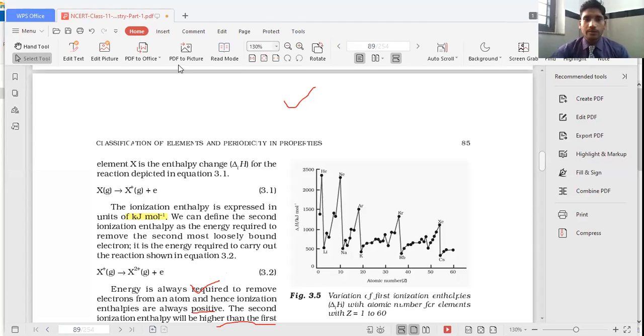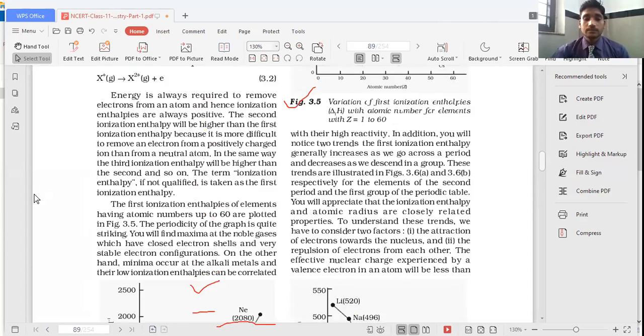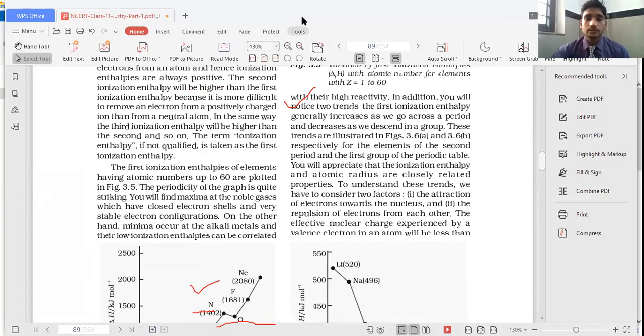I have already told you about this. The second ionization enthalpy will be higher than the first.